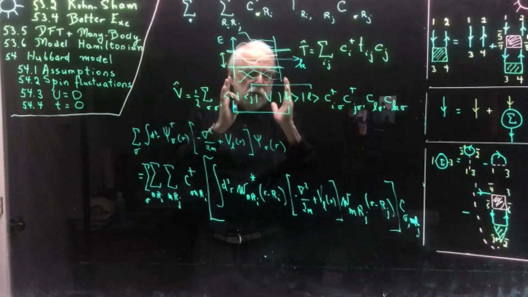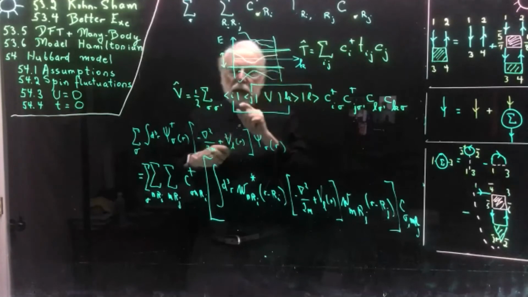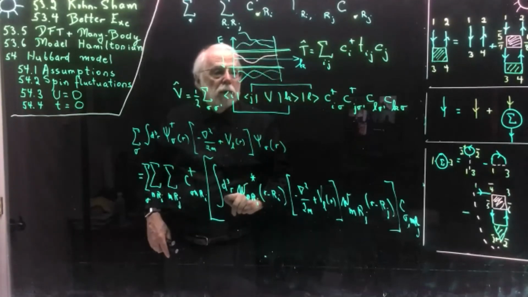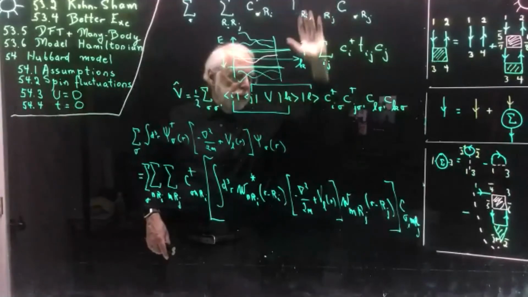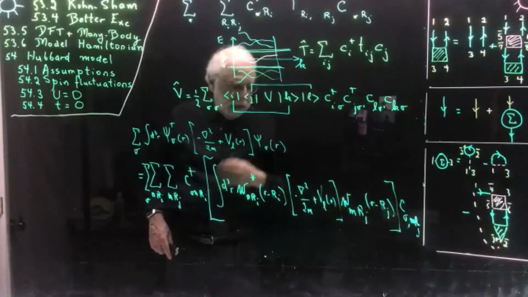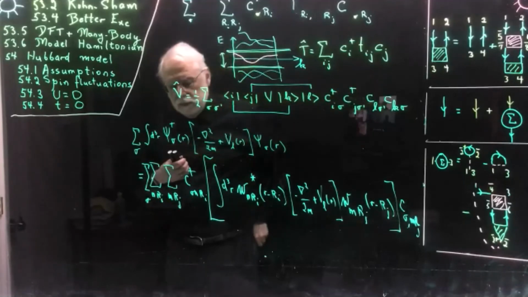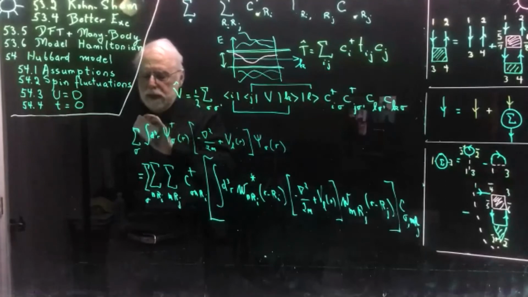Okay, so I have these orbitals that are at r, these orbitals that are at r prime. I do the integral over r, just like I did here, but over r and r prime. And okay, I get the same way I got some matrix here that was some integral to do. Here I have a matrix that's some integral to do. Okay.